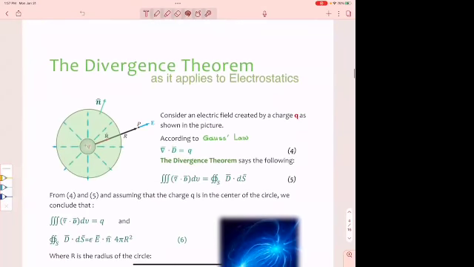Now, we are going to introduce a theorem, okay, and we are going to do it in a way that is going to help us find a simpler way of calculating electric fields. Now, why do I say that? You remember when we tried to calculate the electric field from two charges?